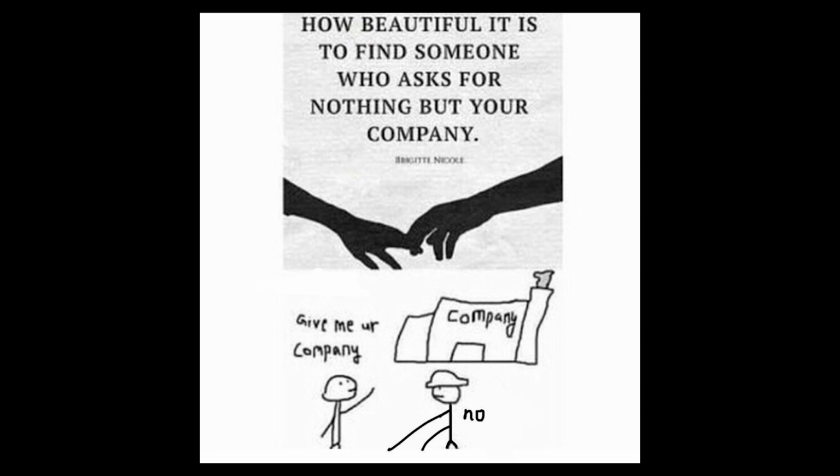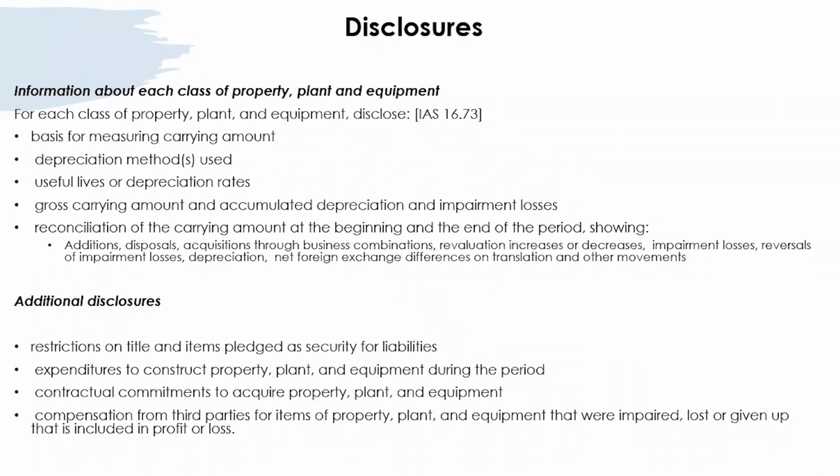Because if they can't pay back that loan, then that asset is going to go, and then it wouldn't seem like such a wise decision to invest in that particular business. This is exactly why the standard has some compulsory disclosures that you have to disclose to your users, and all of this is given in your textbook, so please go through that.